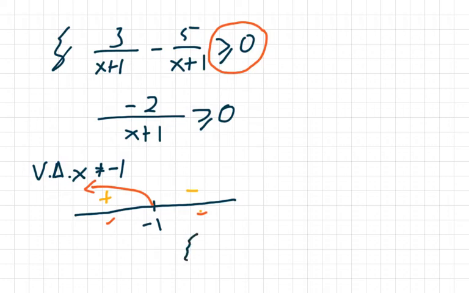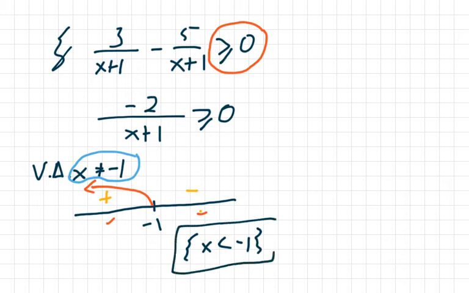Fancy bracket, x is less than, I want to put equal to, but from earlier we found out x can't equal negative 1, so we don't say equal to. If it was allowed to be, if it was an x-intercept, we would put the equal sign, but we can't here because it's a vertical asymptote, is less than negative 1. So some of your solutions are fairly straightforward and easy, like this one.